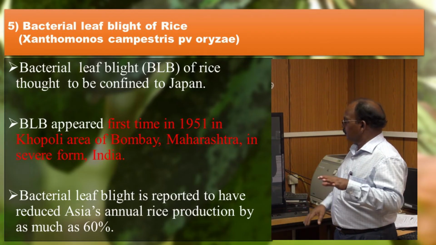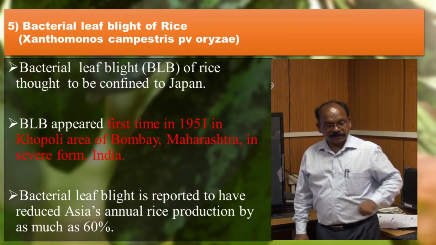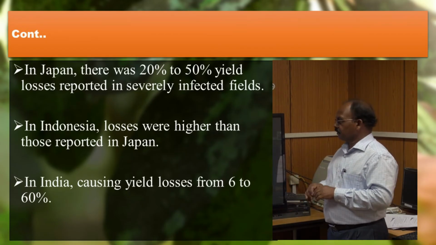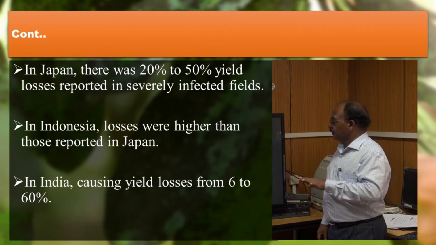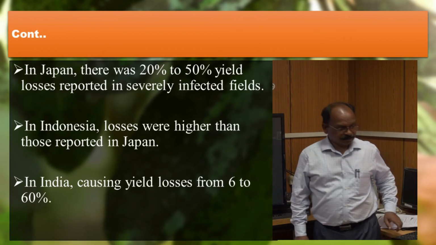This disease is reported to have reduced Asian annual rice productivity by as much as 60%. In Japan, there was 20 to 50% yield loss. In India, the yield losses range up to 60%.